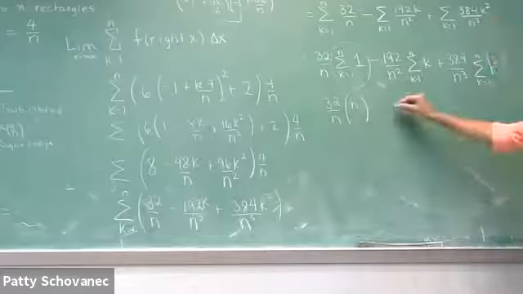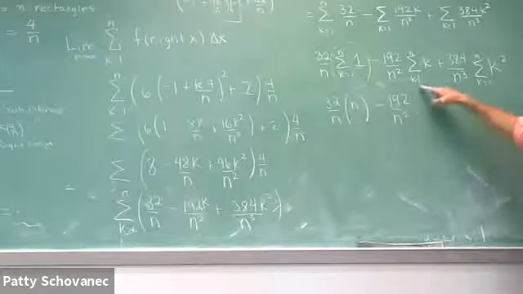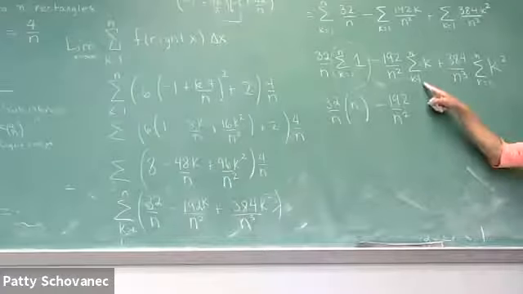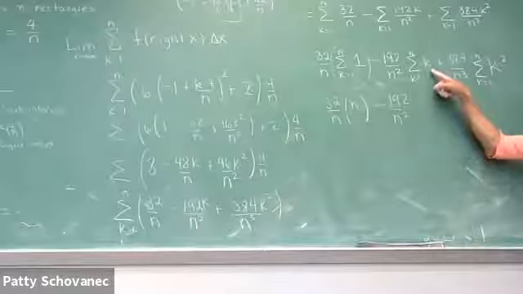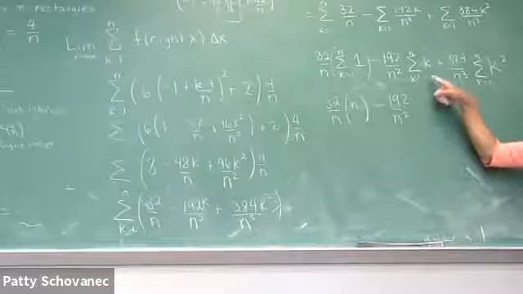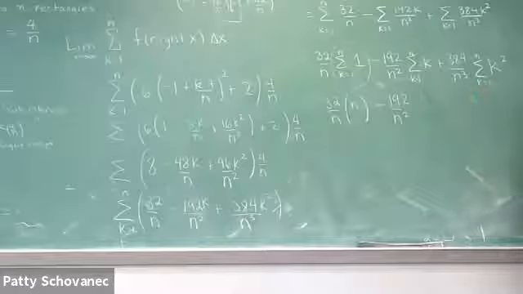This one's trickier. This one means I'm adding 1 plus 2 plus 3 plus 4 plus 5. Each time k gets bigger, and I keep doing that until I get down to n. So I'm going to convince you of a formula for that.